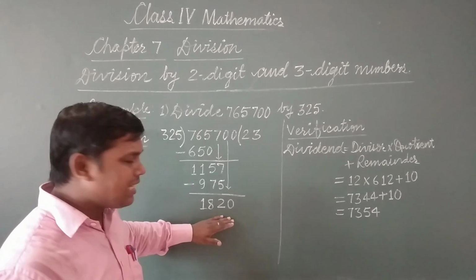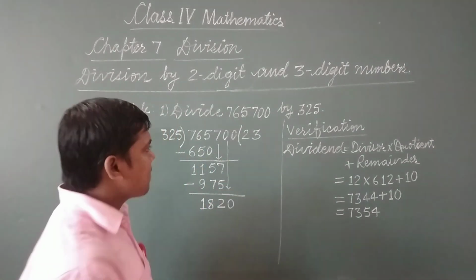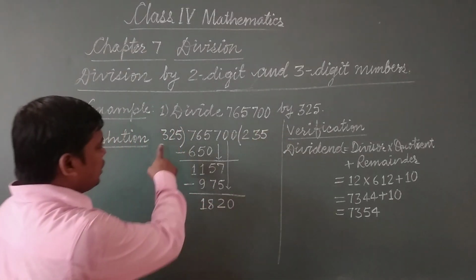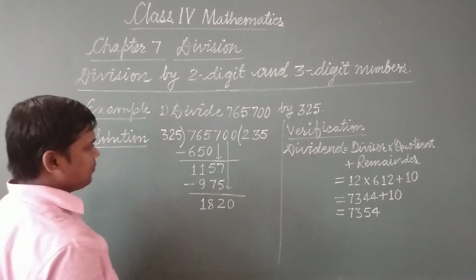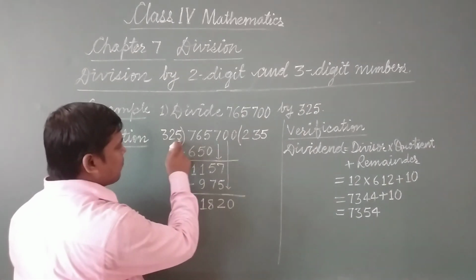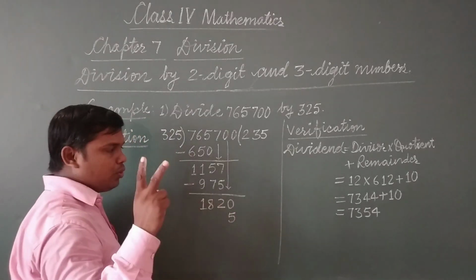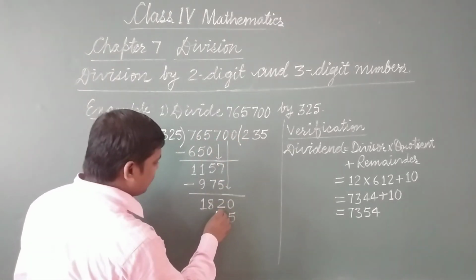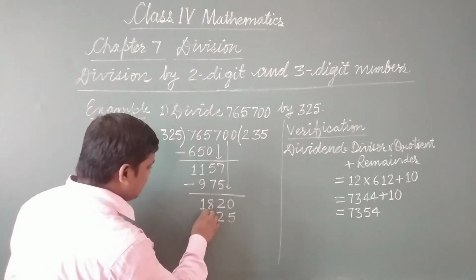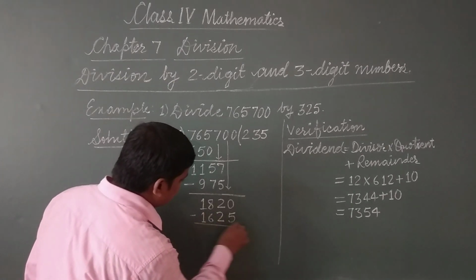So we cannot take 6 times. So we will take 5 times. So 5 here. Now 325 fives: you can write by multiplying, 5 fives are 25, carry 2. 2 fives are 10, plus 2, 12, carry 1, and 3 fives are 15 and 1, 16. Then you will subtract.